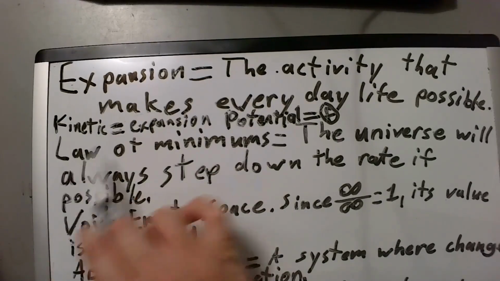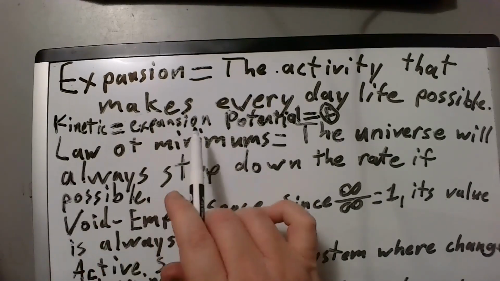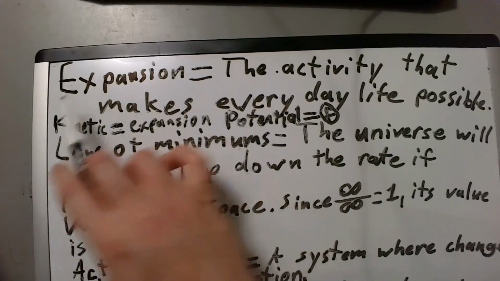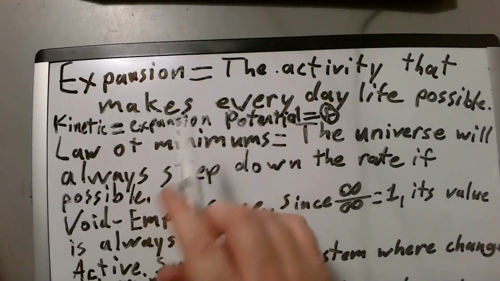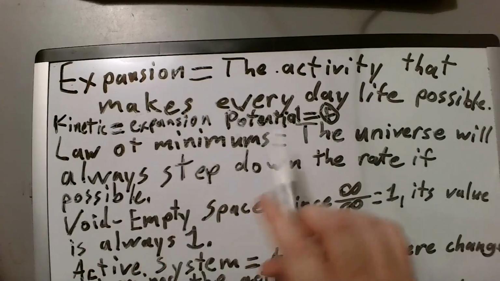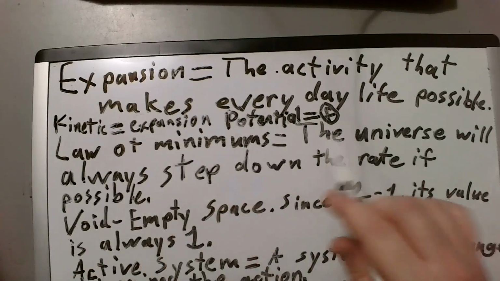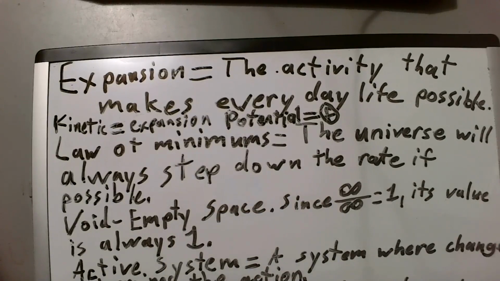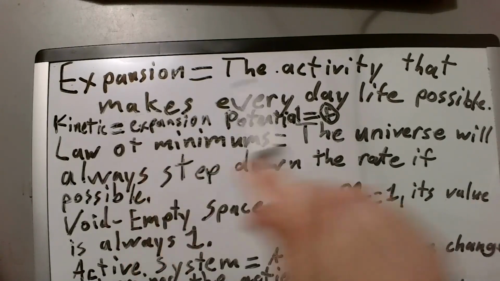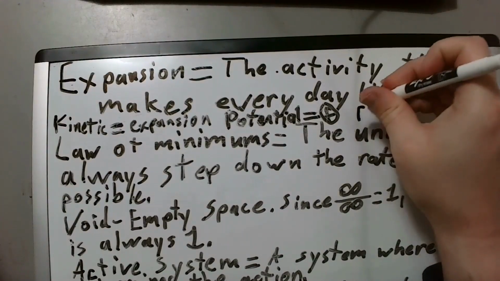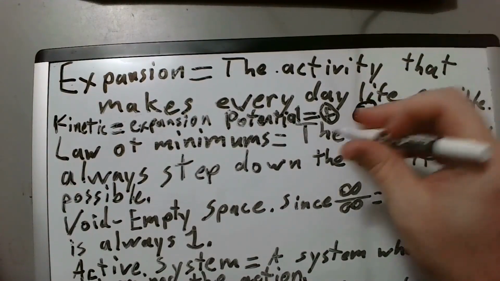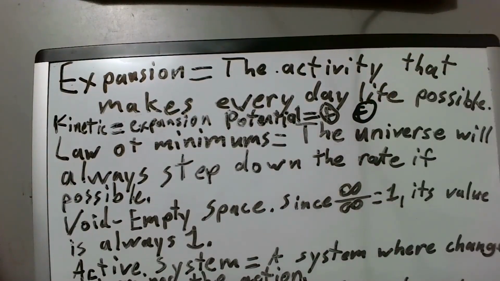And kinetic is expansion, right? So expansion is the activity of the universe because kinetic is active energy. Potential energy, however, is the pressure under a special rule. This is what this F means, right? So this is a special unit that we'll go ahead and define in a little bit.